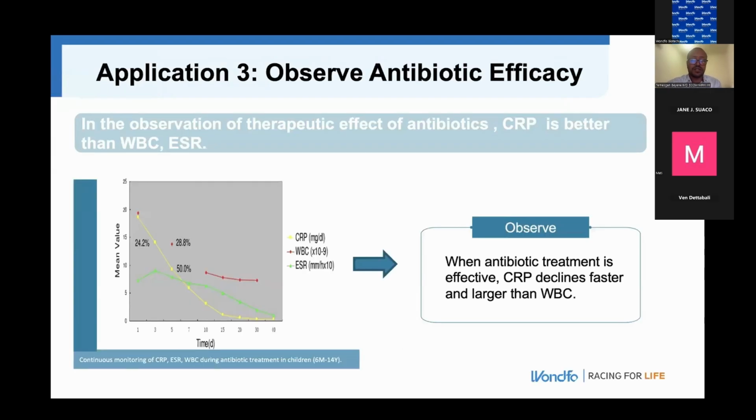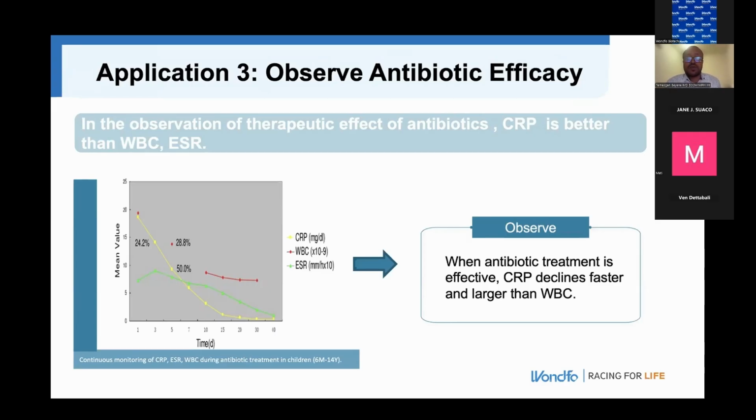So the third application, the final application that I'm covering here, is to look into antibiotic efficacy. It can help in terms of observing therapeutic effects of antibiotics. And for this role, CRP is a better choice when compared with other parameters like white cell count, ESR, or other biomarkers.